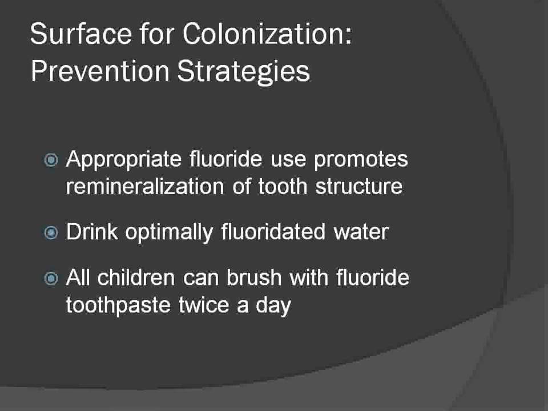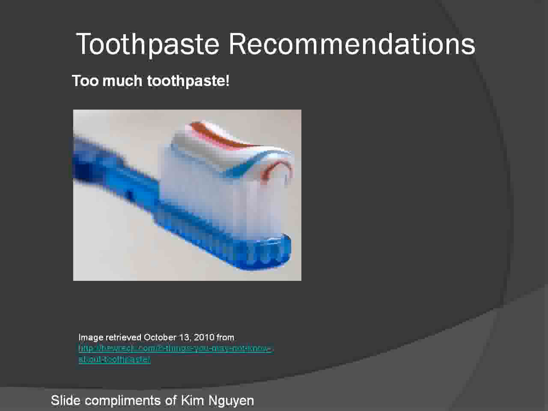Now again, there is such a thing as too much fluoride that we all recognize. So, for example, the amount of toothpaste on the toothbrush to the left is inappropriate for a young infant. That's way too much toothpaste. So this picture is a little more like it, how much toothpaste we would like to have for a child age 0 months to 3 years.